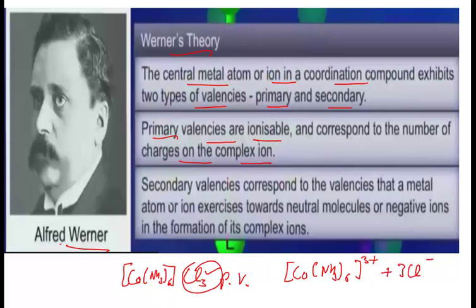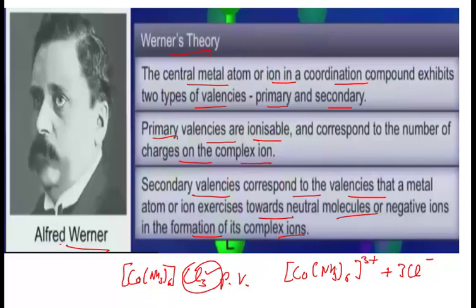Then secondary valencies correspond to the valencies that a metal atom or ion exercises towards neutral molecules or negative ions in the formation of complex ions.